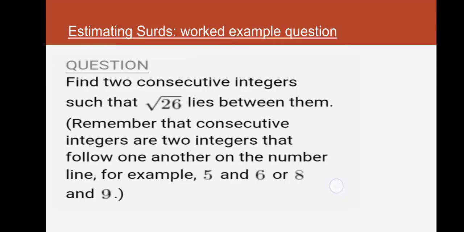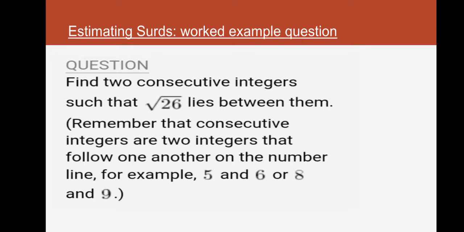Moving on to the next slide. So here is an example which says: find 2 consecutive integers such that the square root of 26 lies between them. Remember that consecutive integers are 2 integers that follow one another on the number line.